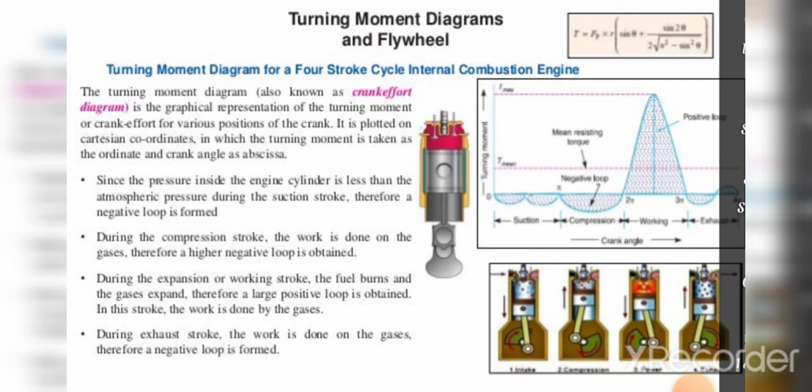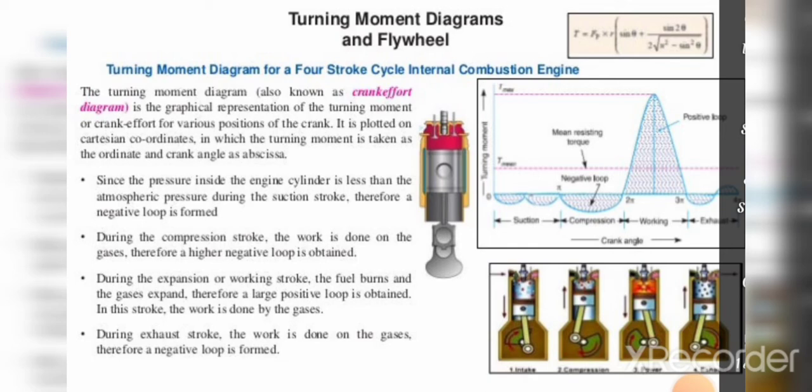This diagram also shows variations of turning moment with respect to various positions of crank angle of an engine. When there are more variations it indicates a larger flywheel, and less variation indicates a small flywheel.